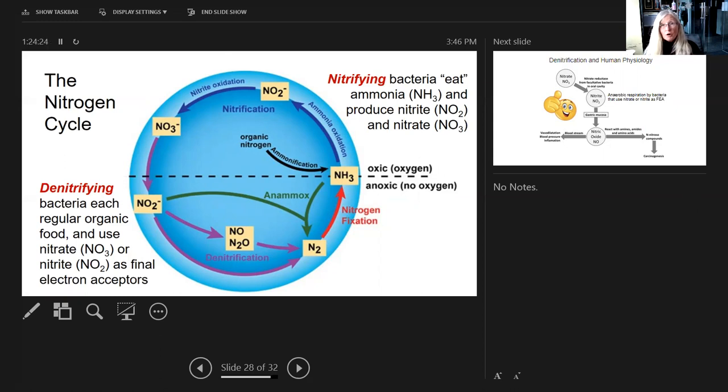So the forms that are usable are generally nitrate and nitrite, ammonia, right? These are things that can be incorporated or fixed into organic compounds that we can use as biomolecules or metabolites. And then there are those that do this conversion into unusable forms to biology, right?